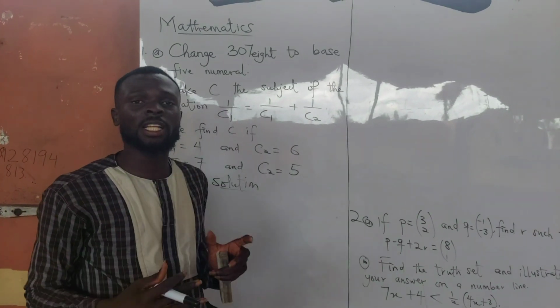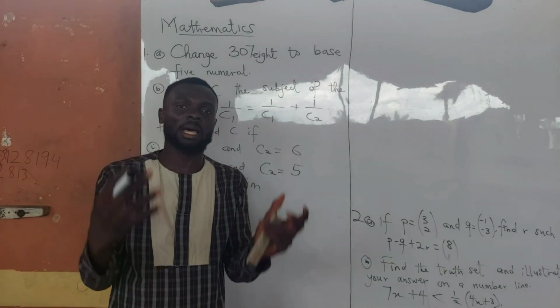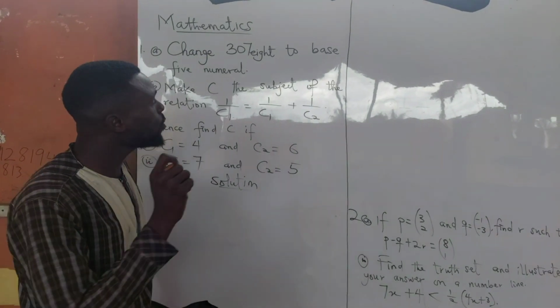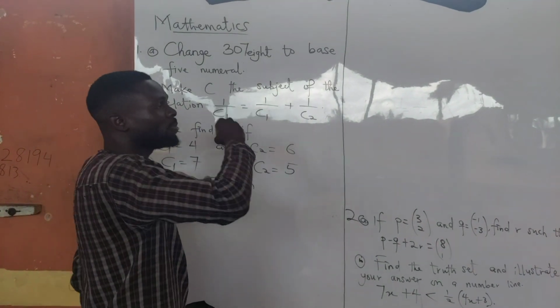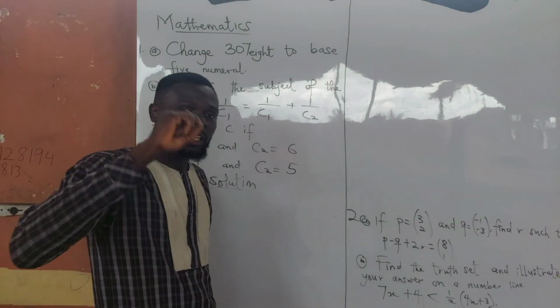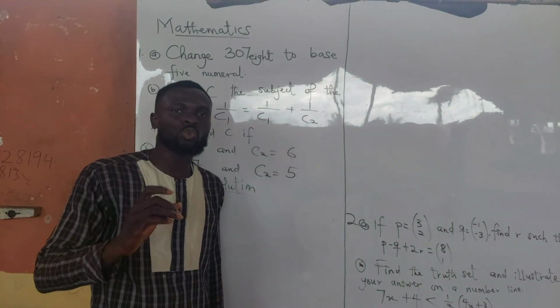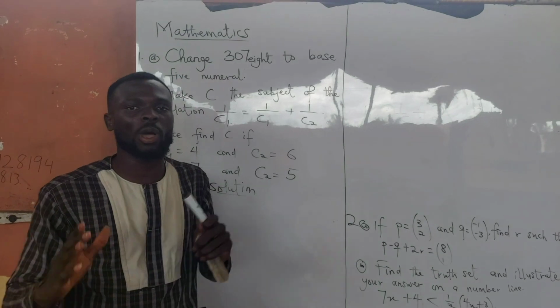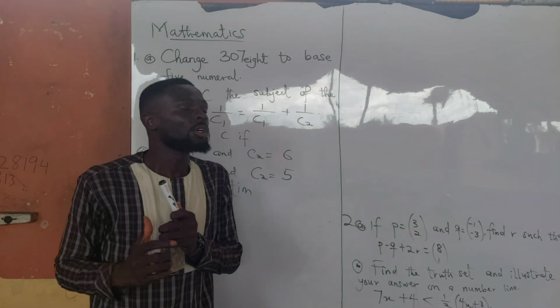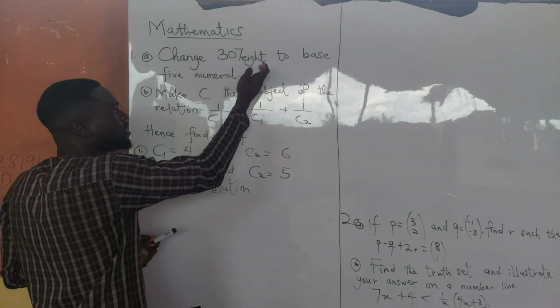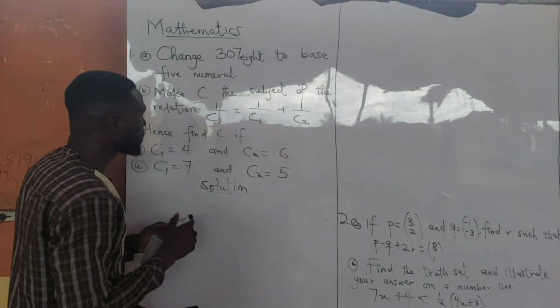This is converting from one base to another base. Before we can change base 8 to base 5, we have to first change base 8 to a base 10 numeral, or a decimal numeral. So how can I change base 8 to base 10?